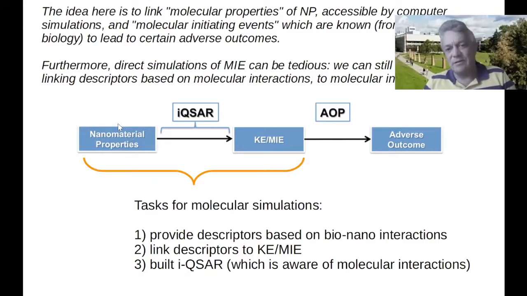When developing QSAR prediction schemes, we do not go directly from properties to adverse outcome, but only this part, predicting the molecular initiating event, which is aware of molecular interactions.